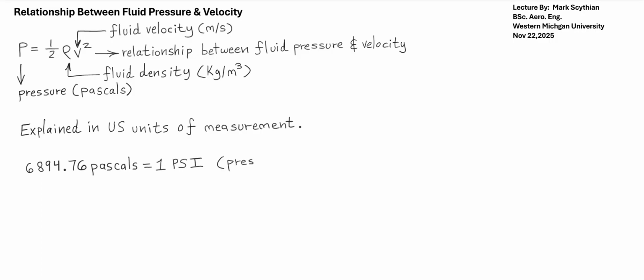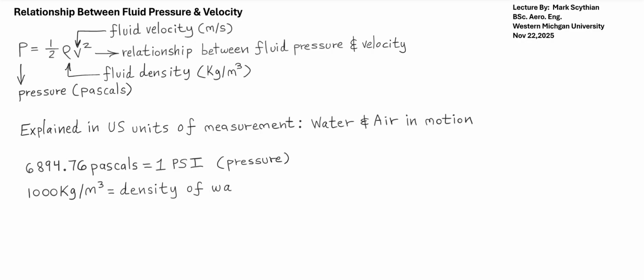If we were to measure pressure in the metric system, it would be in pascals. And then we have its relationship to pounds per square inch of the US system. And then the density of water, 1,000 kilograms per cubic meter.